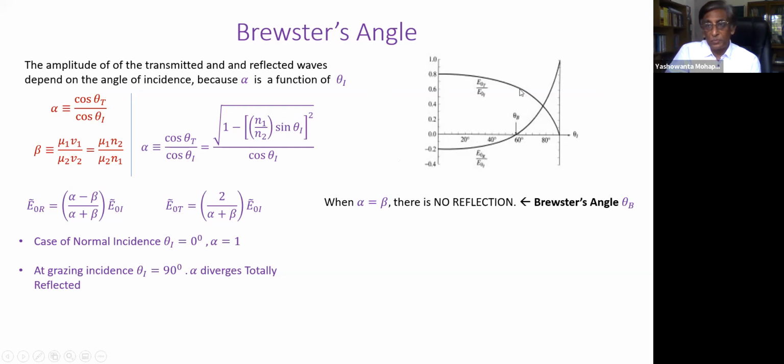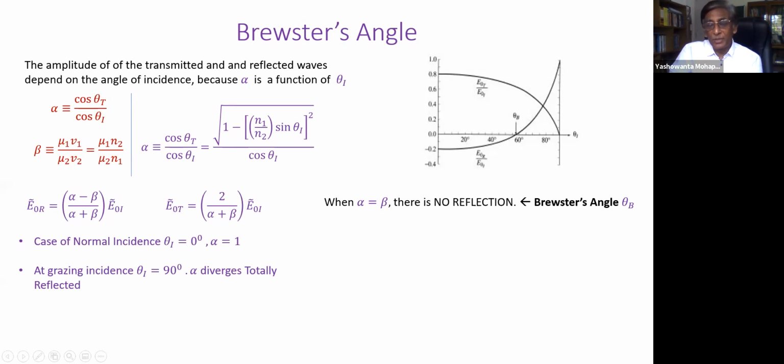There's only transmission, and that is why it's an important angle. This particular polarization does not get reflected, which means whatever gets reflected must have the other polarization, the perpendicular one. Hence you can get polarized light simply by reflection if the angle of incidence is chosen to be the Brewster angle.